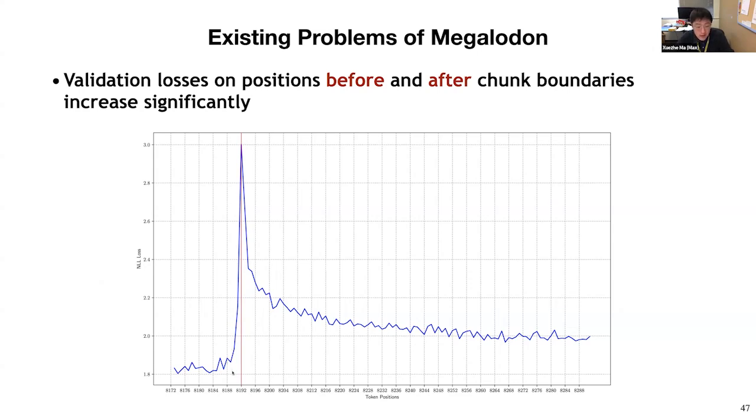The EMA layer needs to push a lot of information to the boundary of each attention chunk, and with this much information on the boundary, it hurts the prediction performance of these tokens. So this is the bottleneck in our current architecture, and this is the major direction of our future research.